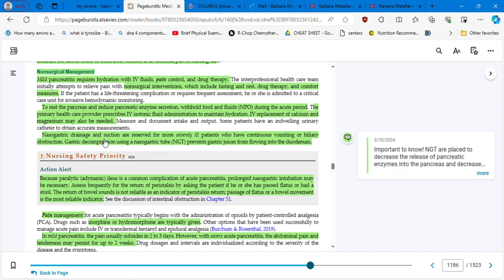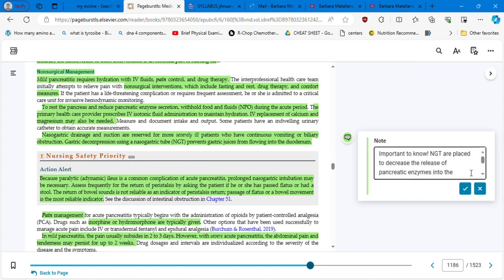Nasogastric drainage and suction are reserved for more severely ill patients who have continuous vomiting and biliary obstruction. Gastric decompression using a nasogastric tube prevents gastric juices from flowing into the duodenum. So this is good to know too. The NG tube usually is placed to decrease the release of pancreatic enzymes and decrease pain.